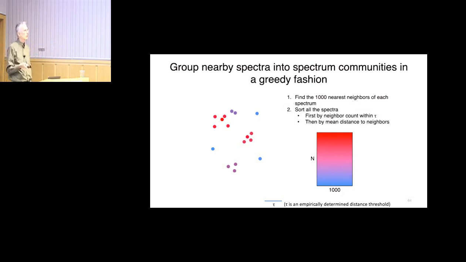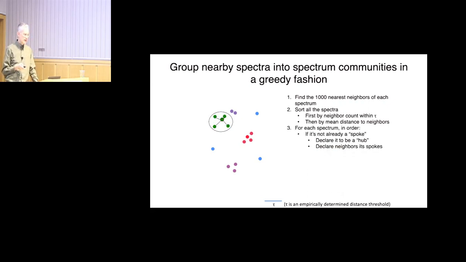Then you sort all the spectra, first by the neighbor count within some pre-specified distance range tau, and then by mean distance to their neighbors. And then for each spectrum, in order, if it's not already a spoke, you call it a hub, and you connect it to all of the spokes around it. So here, for example, this guy got connected to a bunch of spectra that were near it.